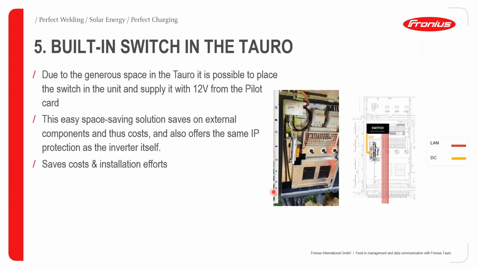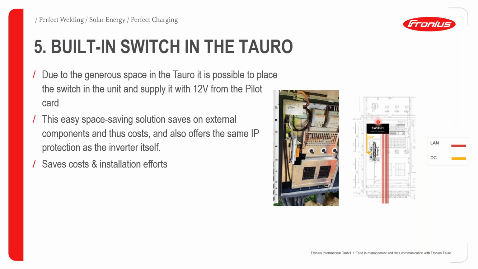The next example is your built-in switch in the Tauro. If you want to, you can install a switch inside the Tauro itself. The reason you can do this is that we do have a generous amount of space in the Tauro, and this allows you to place the switch inside the Tauro itself.